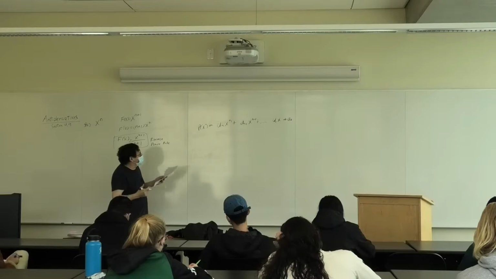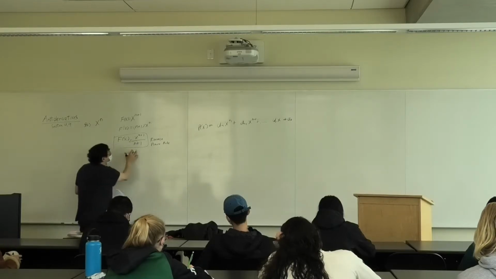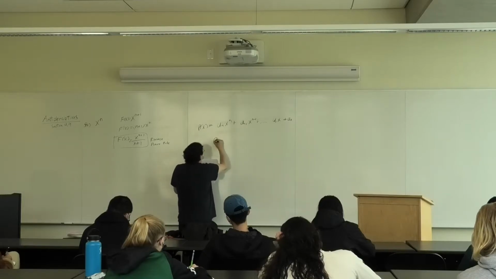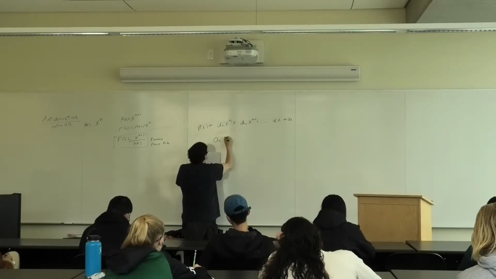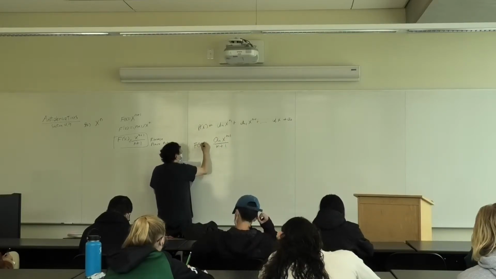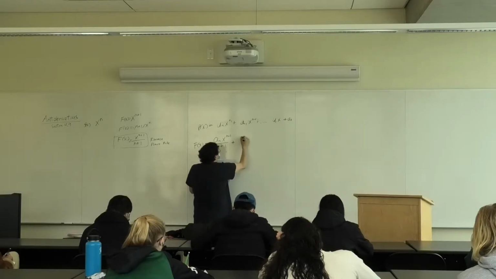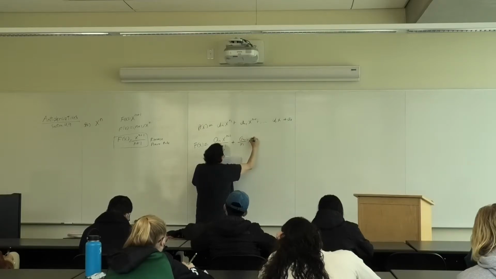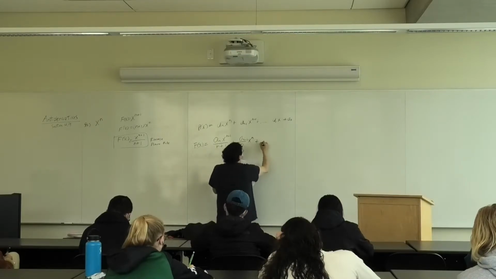Well, if we want to find the antiderivative of this, we can just apply this rule here. We're going to get a_n x to the n plus 1 over n plus 1, plus a_(n-1) x to the n over n, and so forth.